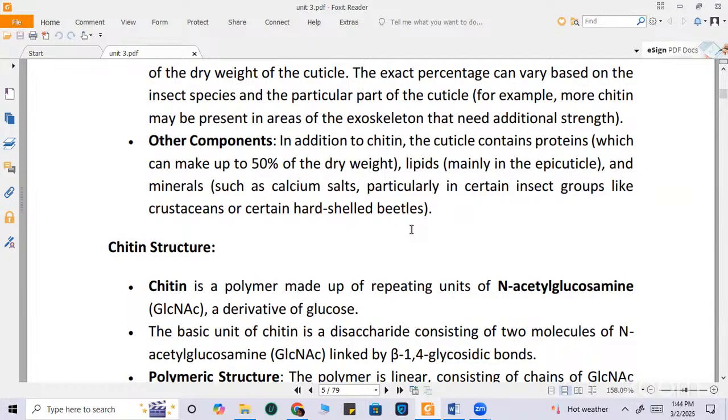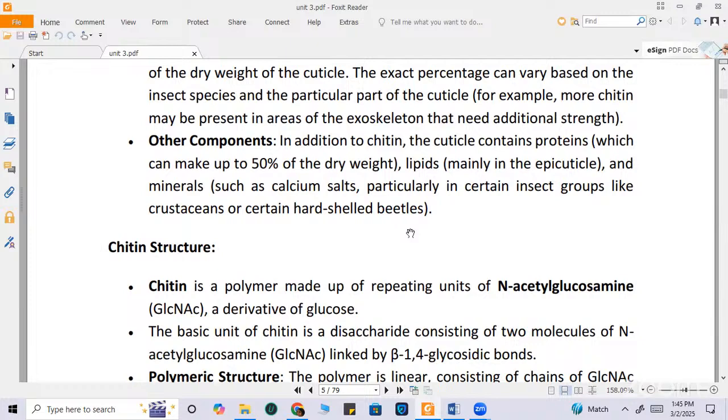So if one N-acetyl glucosamine gets linked to another N-acetyl glucosamine, and many of them link together, they form a polymer of chitin.